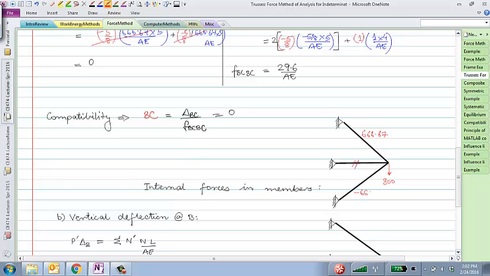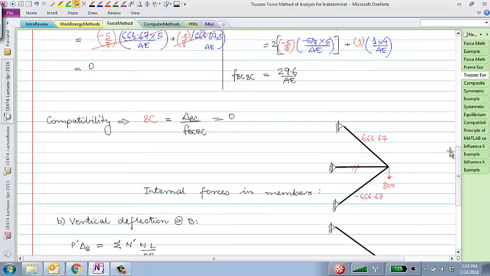This is in compression, same amount, and that's basically the solution of the indeterminate structure. For this particular problem, it so happened that this horizontal member came out to be a zero force member, but of course in general it will not always happen, right?